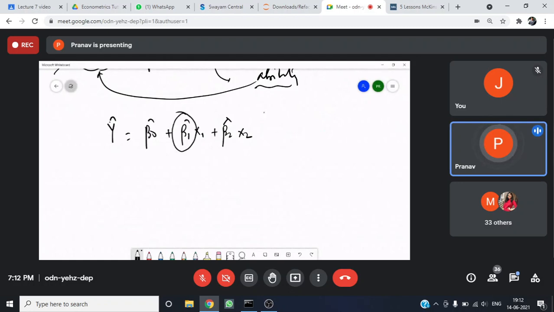Beta 1 hat measures how much expected y is going to change when there is a 1 unit change in x1 keeping x2 constant. Similarly, beta 2 hat explains change in the average value of y when x2 changes by 1 unit, keeping x1 constant.